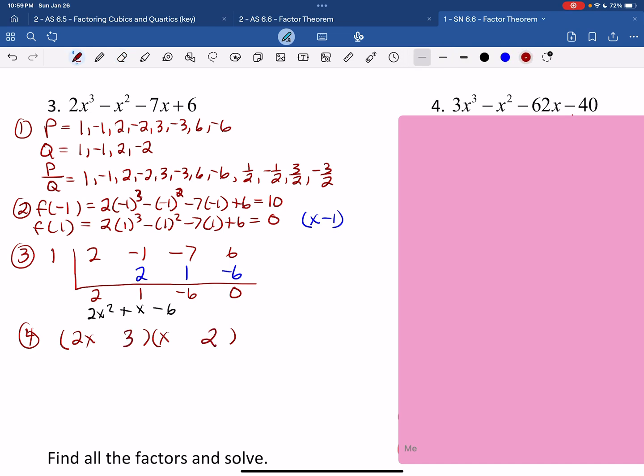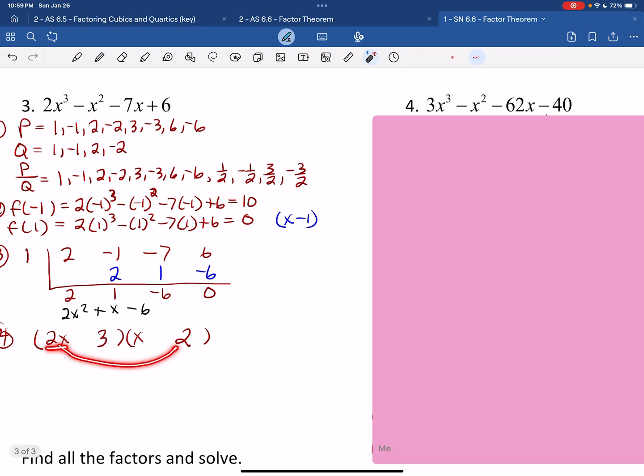Let's do our O and our I. So O is going to be 4x, and 3 times x is going to be 3x, and I need to get to 1. I can do that. I need a +4 and a -3. So that means I need a +2 and a -3. There we go, +2 and -3.